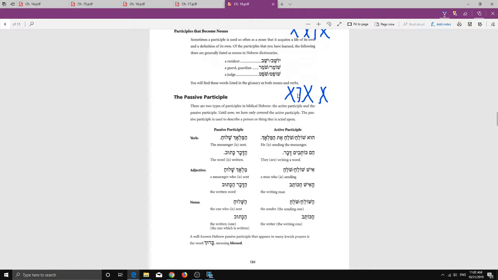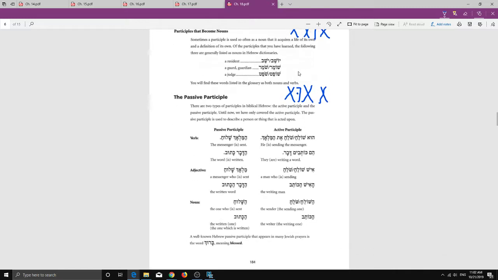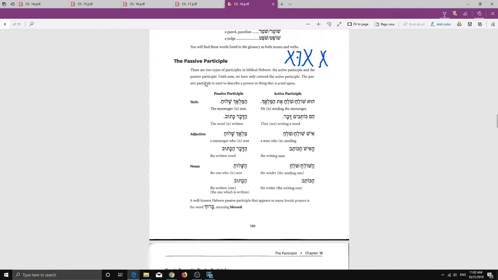So definitely notice the differences here. This is first and second, this is second and third, this is an O class vowel, this is a U class vowel. So it shouldn't be too hard to distinguish between an active and passive participle.